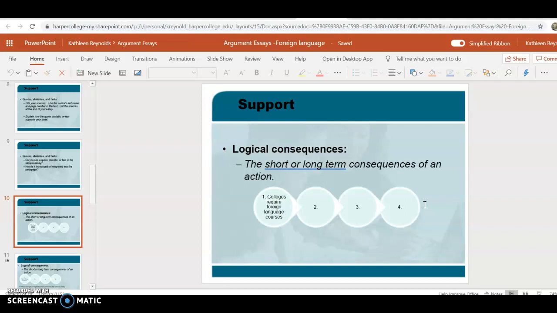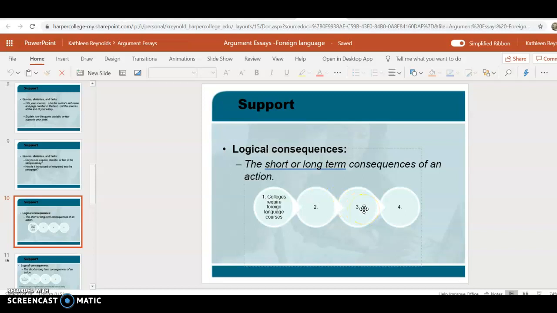So how do you build logical consequences? You have to go step by step through each step in the process. So for example, when colleges require foreign language courses, students have to devote a lot of their time to studying for those courses. Some students are not naturally good at learning a language. This means that they have to spend many hours when they could be studying their major subject instead.